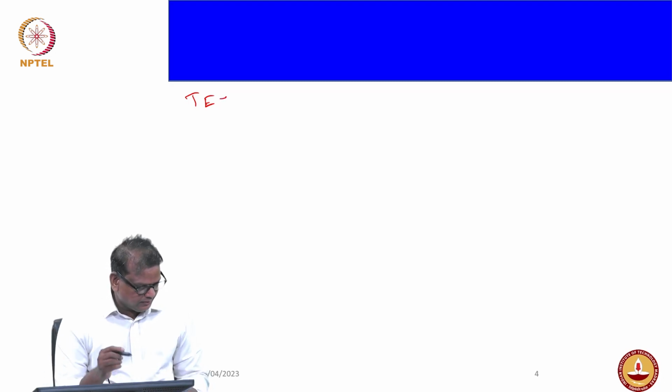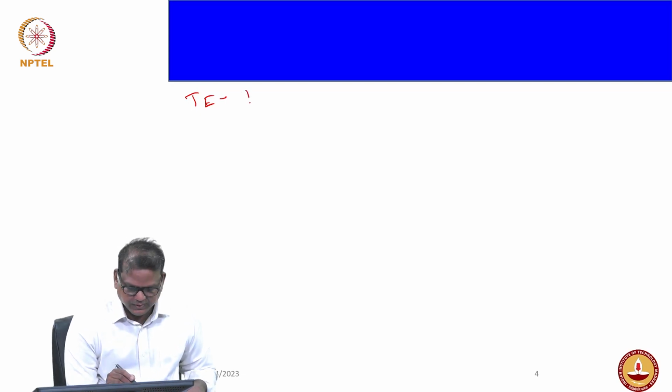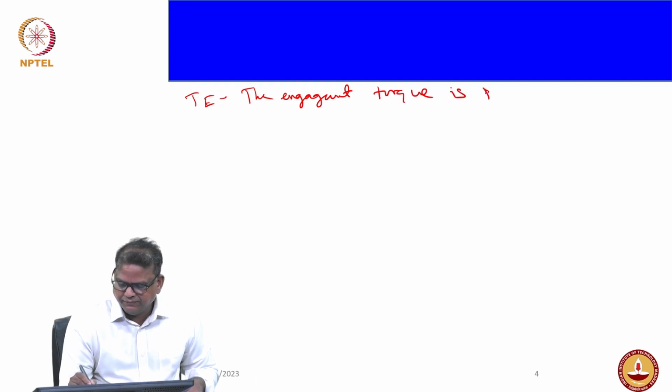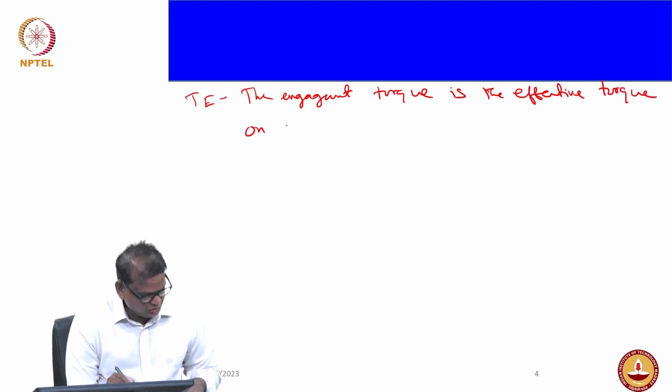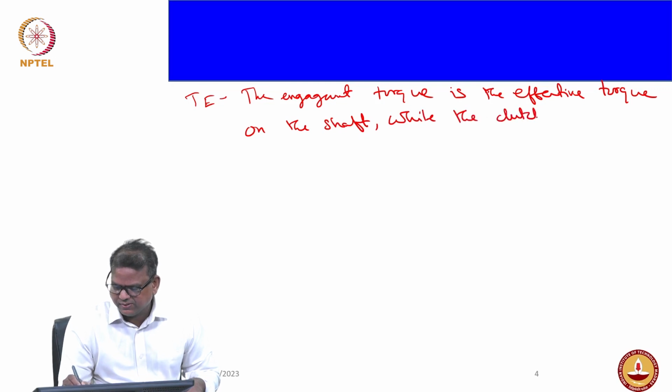This torque, the engagement torque, is the effective torque on the shaft while the clutch is slipping, in the sense that the clutch is making contact.